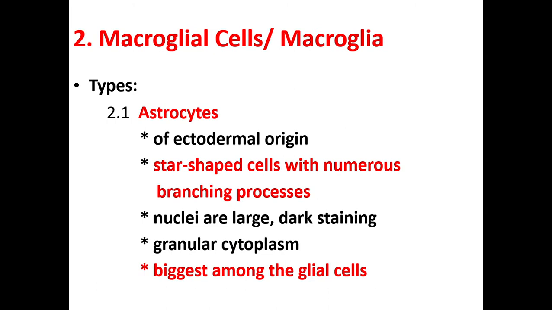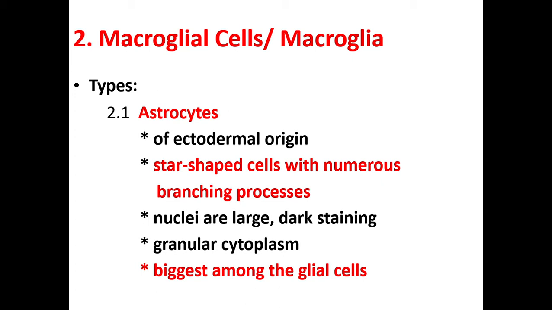Let's go into the next type of neuroglial cells. We have the macroglial cells. There are two cells involved here, and collectively they are referred to as macroglia because they are larger than the other neuroglial cells.